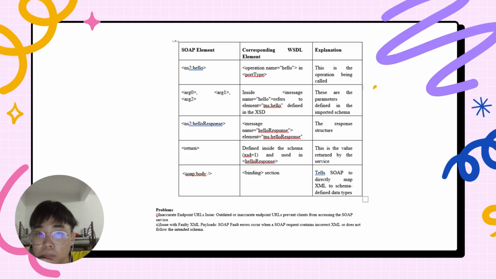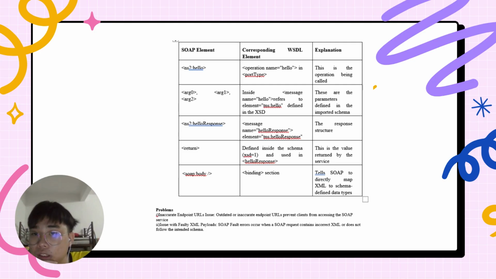So I will talk about how the WSDL file can always be related with a SOAP file, because WSDL tells us what elements we should have inside a SOAP, and we take the SOAP files and match SOAP elements to the WSDL elements. So the first in my file is the SOAP element ns hello that matches with the operation name equals hello in port type.